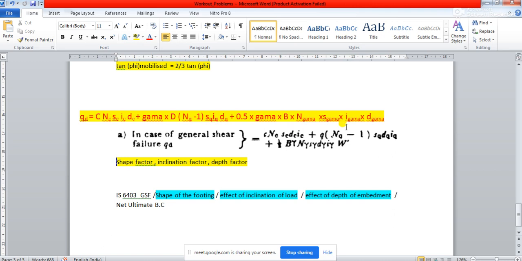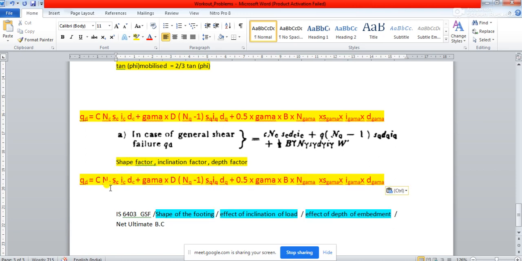After this, if you want to apply this formula for the local shear failure criteria, this formula will remain in the same form.